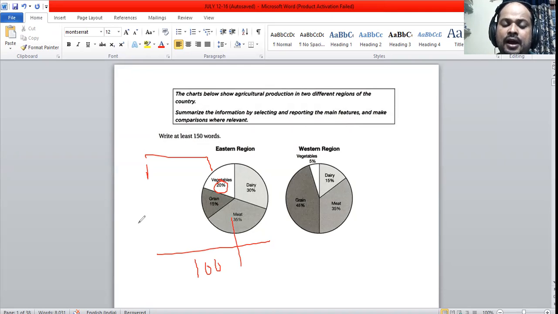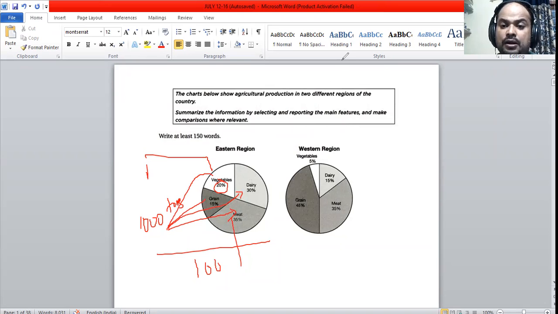So if I go with 100 tons, 350 tons of meat, 300 tons of dairy, 150 tons of grains, 200 tons of vegetables. This is what the proportion is.